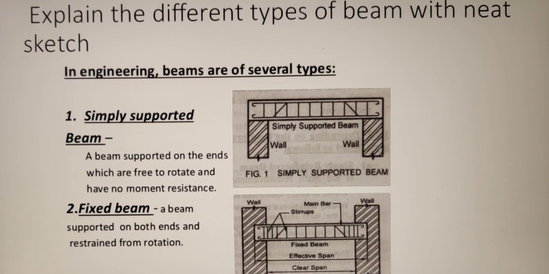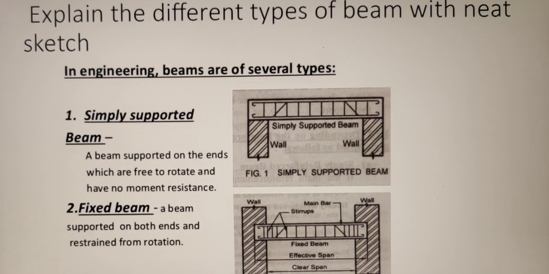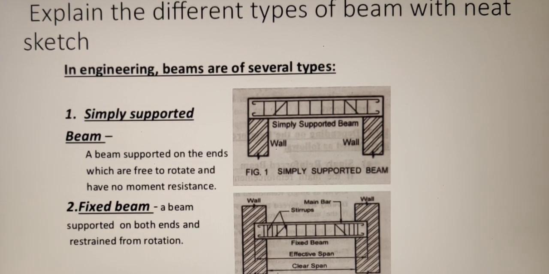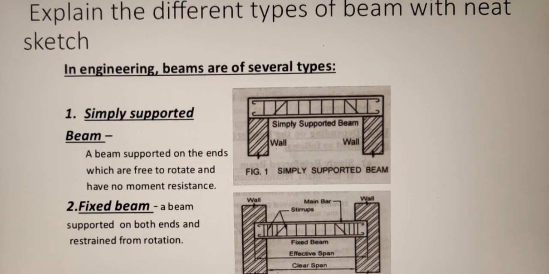So now we will see the different types of beams. As we have already said, the beam is a structural member which is subjected to transverse load, and the load applied on the beam may be self-weight, external load, reactions, etc. The force system is a coplanar non-concurrent system.